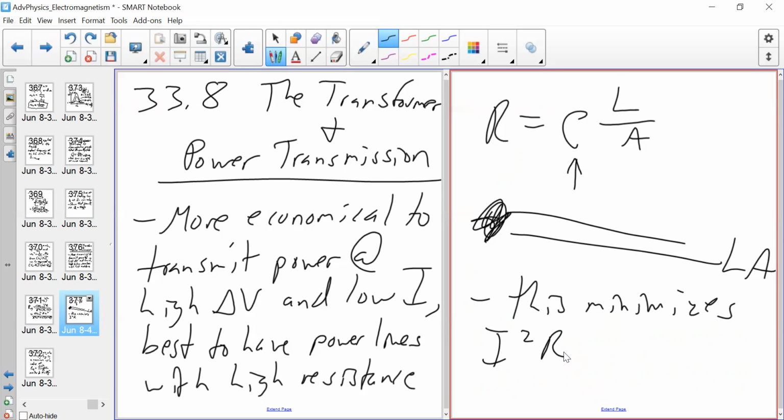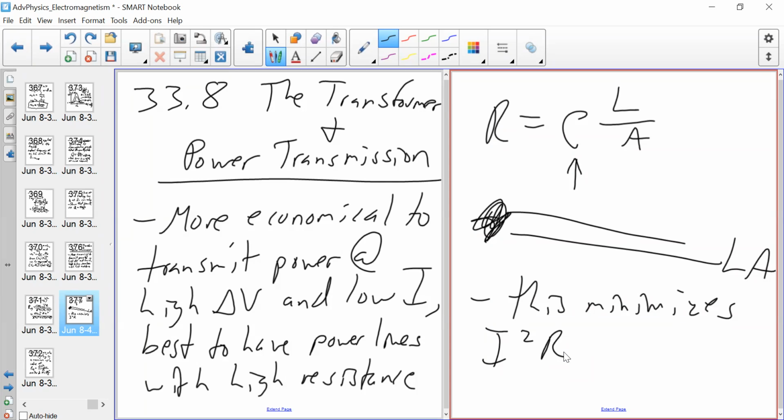Although AC circuits have basically zero power loss, when you transmit over a large distance, you want to minimize that. And the best way to do it is making long power lines, hundreds of miles long, with small cross section and high resistivity, so that at the power station itself, you're pumping high voltage to reduce that loss.